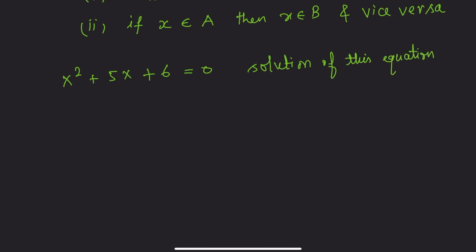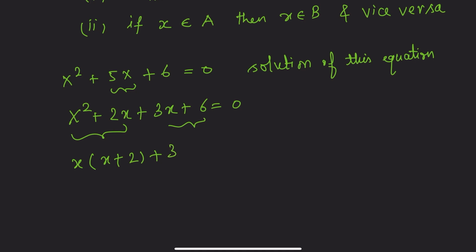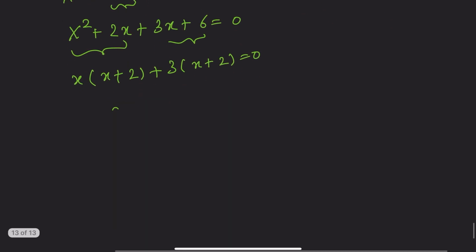So in 10th class we have seen that x square we can factor it like x square plus 2x plus 3x plus 6 equal to 0. X is common, 3 is common. So x plus 2, x plus 3 equal to 0.